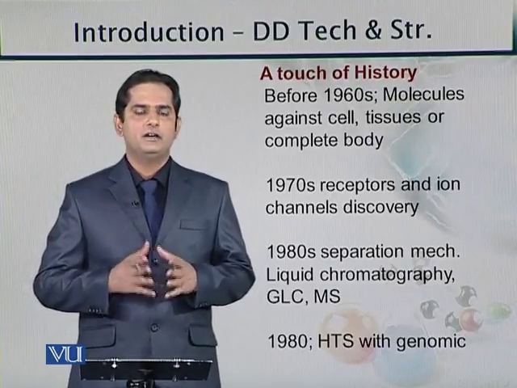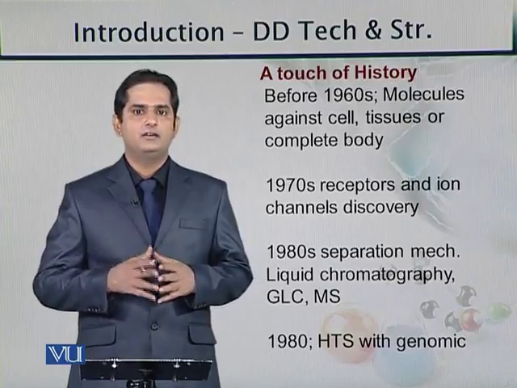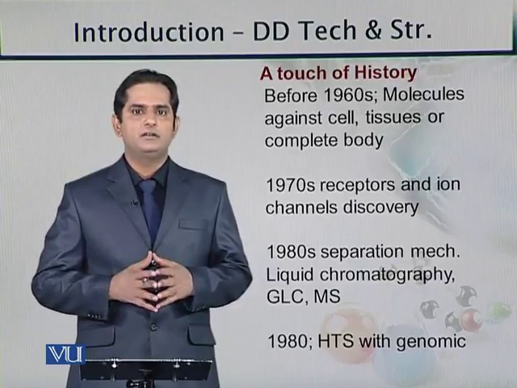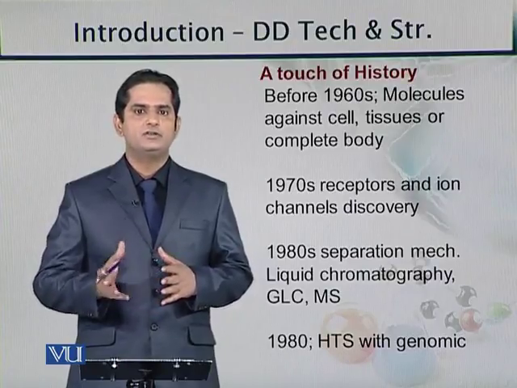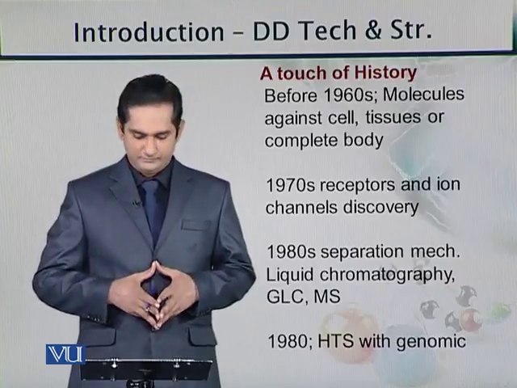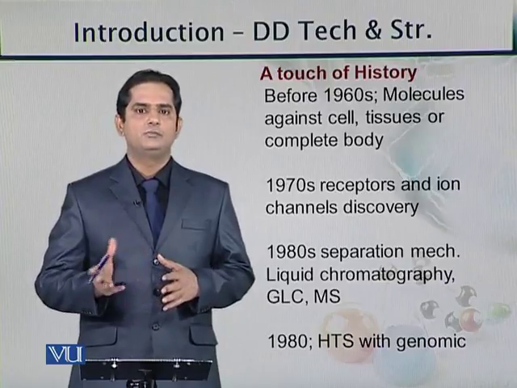So scientists were able to separate different ingredients of molecules. Once they were able to identify different ingredients, they were able to identify which genes were responsible for cure or causes of diseases. And after the 1980s came the era of high throughput computing.